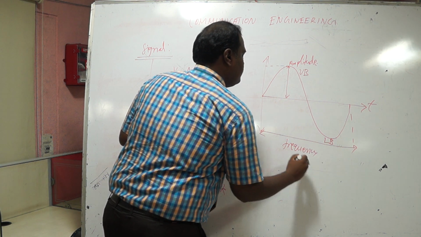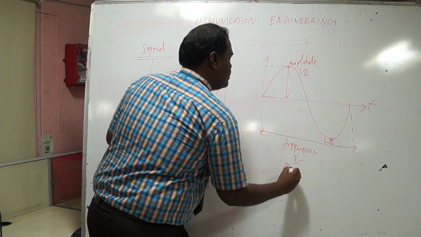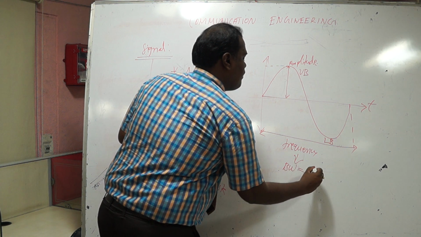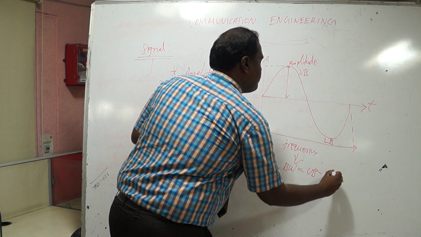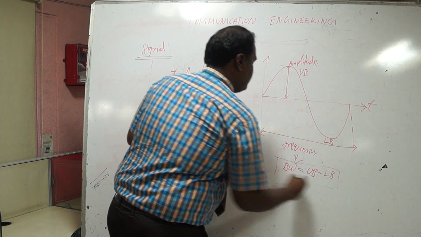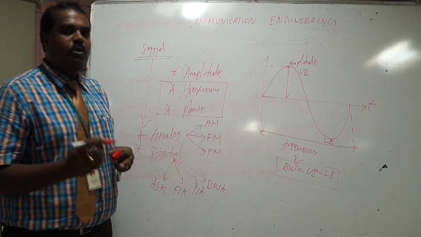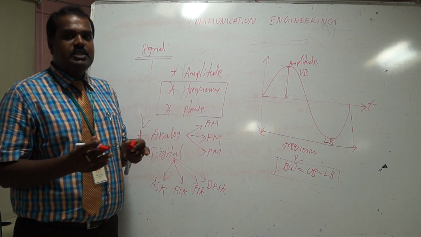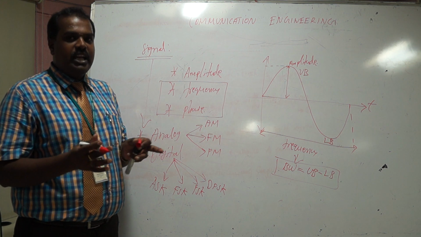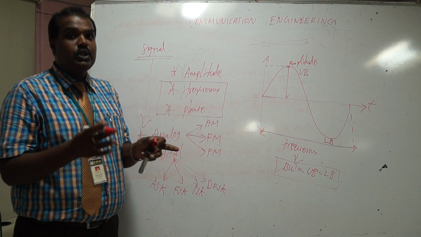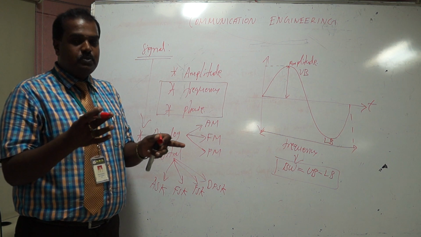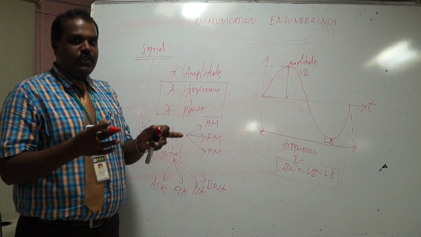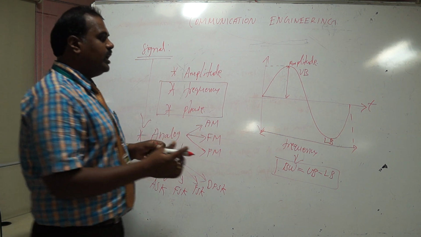From this you can find the bandwidth of the signal. What is bandwidth? Upper bandwidth minus lower bandwidth. Bandwidth spreads the spectrum range, the frequency range, and sustains the signal quality without loss. So the service provider can easily understand how much frequency we need to spread across.